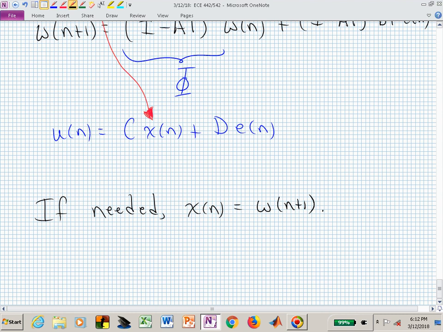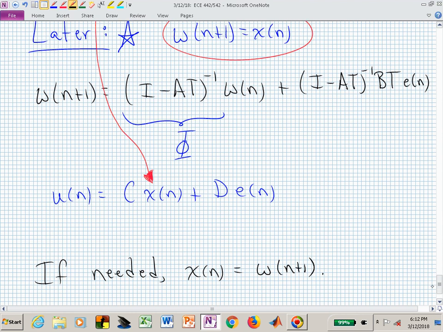You already have the phi and the gamma, and now you just need A, B, C, and D, and T, and you're done by combining them in this way. You might have to perform a matrix inverse, but that might be easier than calculating e to the capital AT. But that's a different one. That's a zero-order hold equivalent.